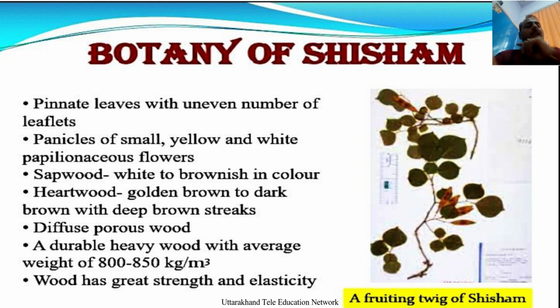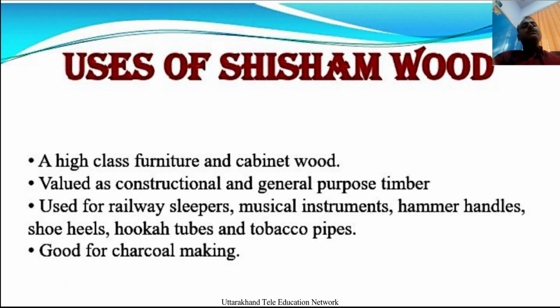It is a durable, heavy wood with average weight of approximately 800 to 850 kg per meter cube. Wood has great strength and elasticity. It is a unique property of Shisham wood. Now, usage of Shisham wood. What are important uses of Shisham wood? It is a high class furniture and cabinet wood. It has so much demand like that of teak.